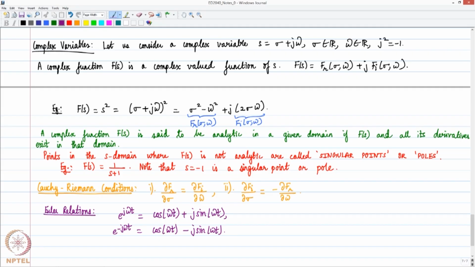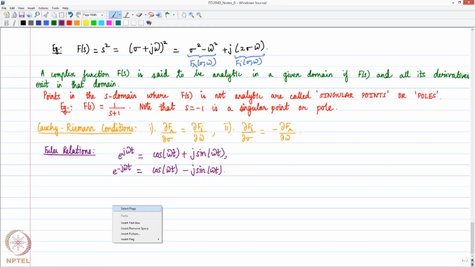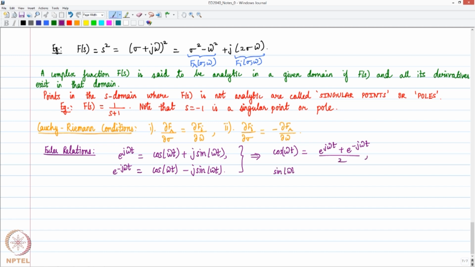From these two relations, we can immediately see that cos omega t is equal to e power j omega t plus e power minus j omega t, divided by 2. Sin omega t is equal to e power j omega t minus e power minus j omega t, divided by 2j. So, those are the Euler's relationships.